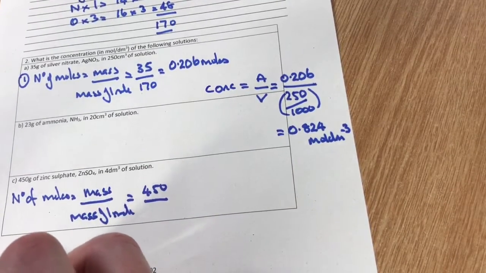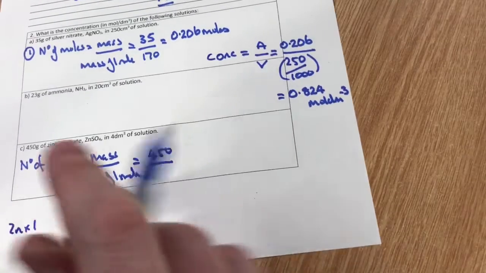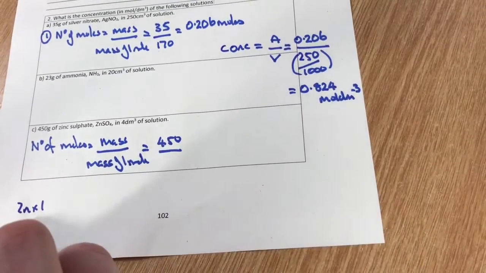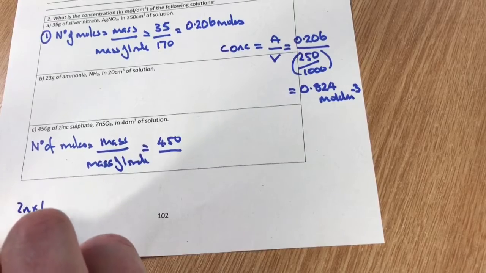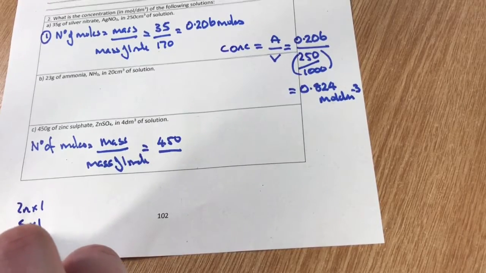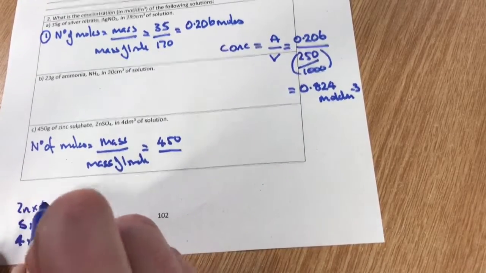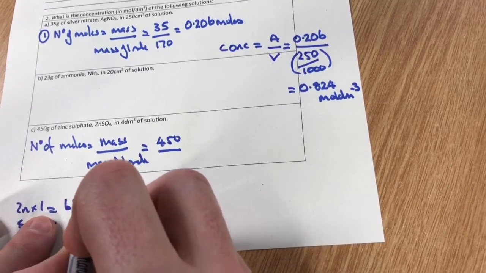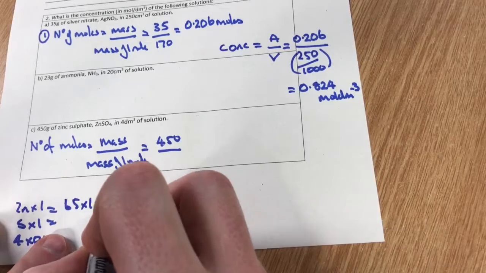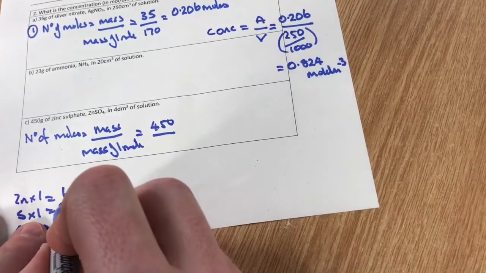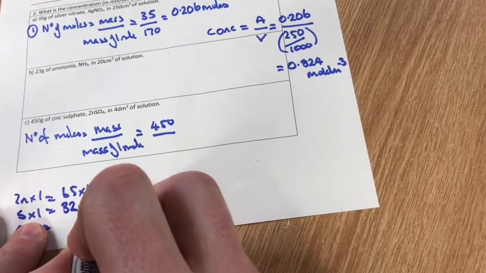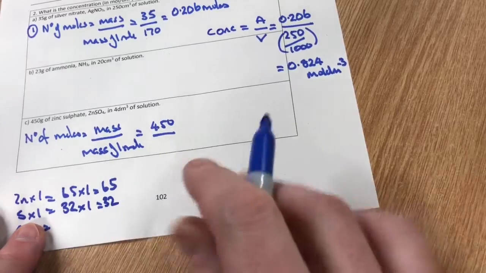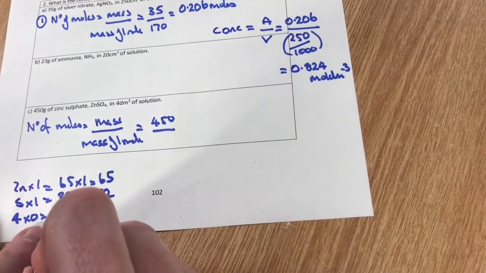So there is zinc times 1. There's 1 zinc in that formula, there is a sulfur in there, and there are 4 lots of oxygen in there. Zinc is 65 from the periodic table, so 65 times 1 is 65. The sulfur is 32 times 1 is 32, and then I've got 4 lots of oxygen.